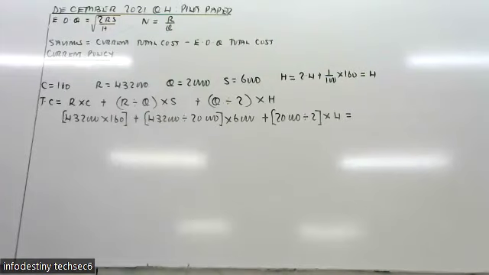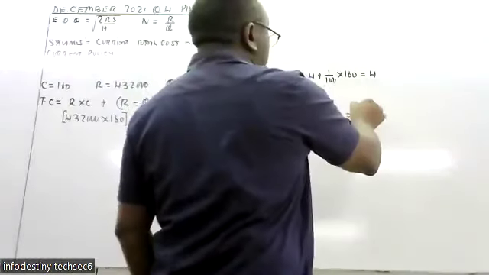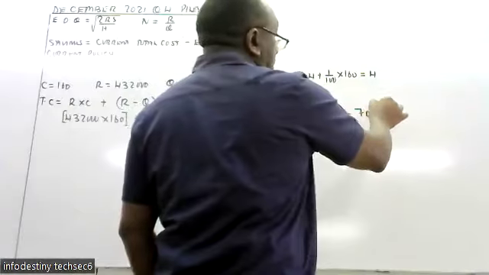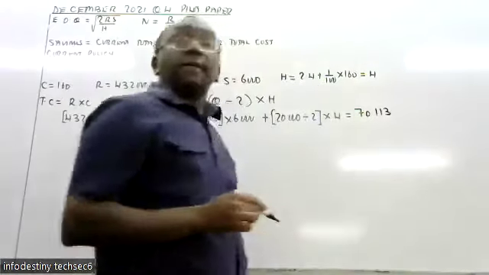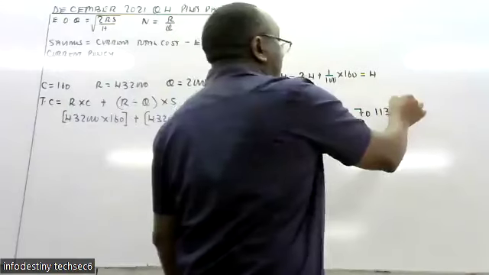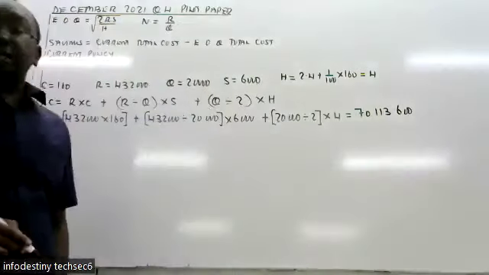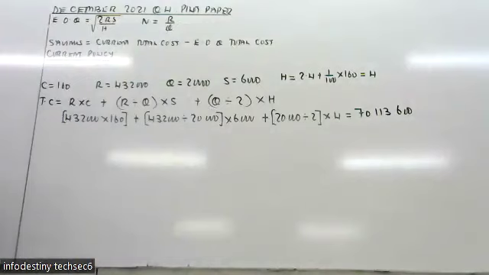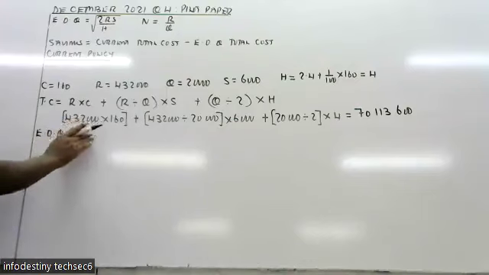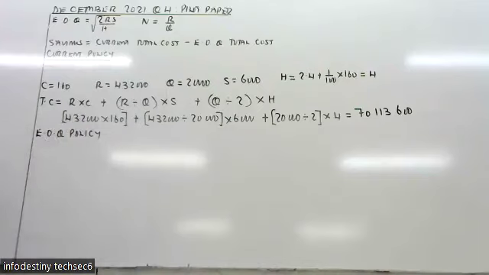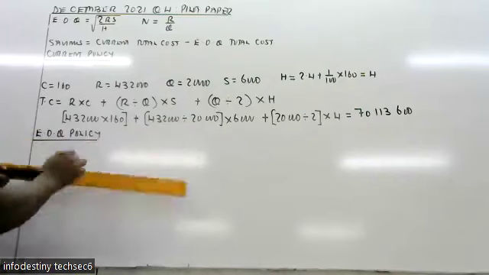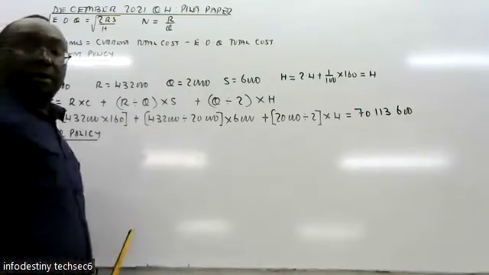70 million, 113,600. Okay? Let's now go to the EOQ policy. Are you getting a different value? 69 million.